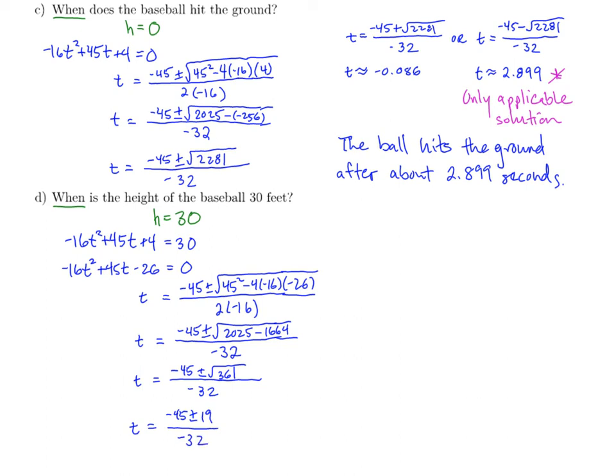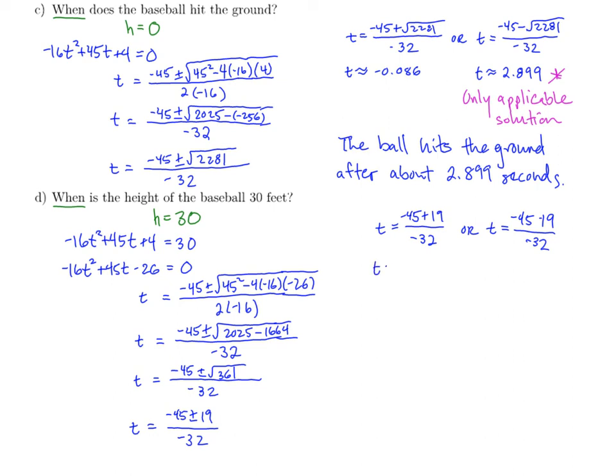Now, there are two solutions here, and I'll go through simplifying these to find the exact solutions separately. So the first one I have is that t is negative 45 plus 19 divided by negative 32. Or, for the second one, I have t equal to negative 45 minus 19 divided by negative 32.